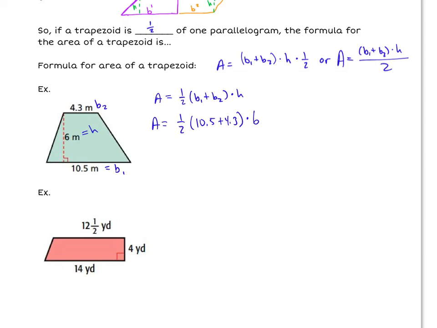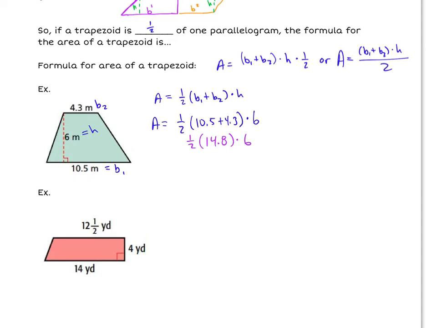Now, if you put those exact things in your calculator, and for 1/2, we know that is 0.5, you can put that full thing in your calculator. If not, you can solve it algebraically. Our first step would be to add the things in the parentheses, so 10.5 plus 4.3 is 14.8 times 1/2 times 6.